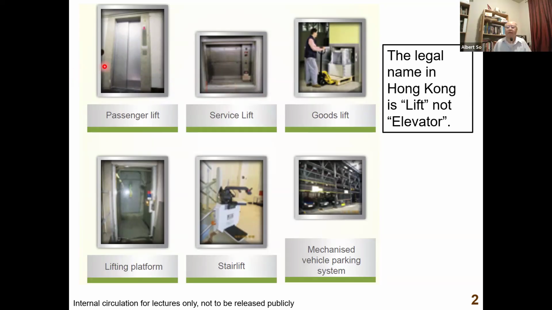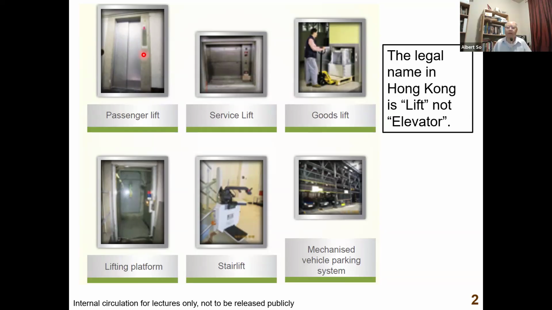Very often in buildings, the management people will ask those who deliver goods to use a service lift at the back of the building. You can say that is a service lift because it's mainly used to transport goods.